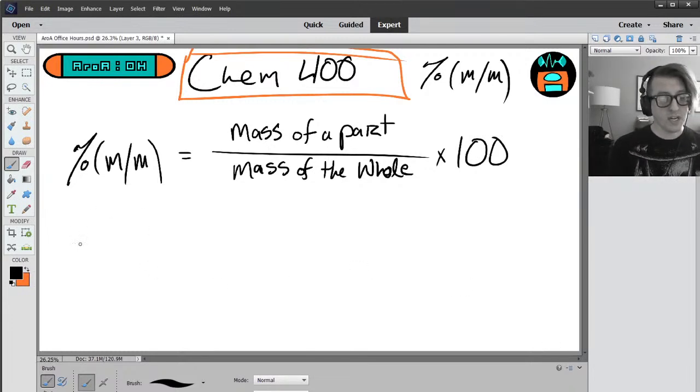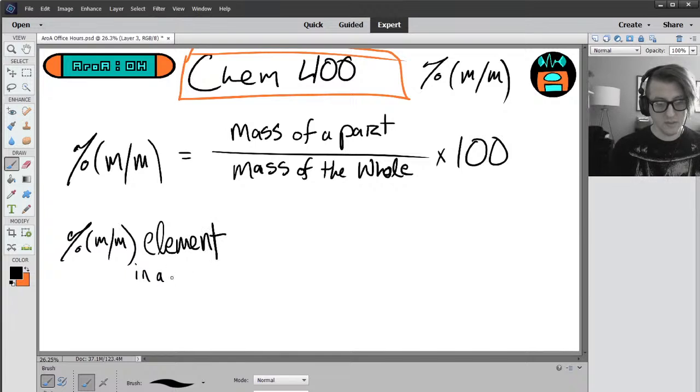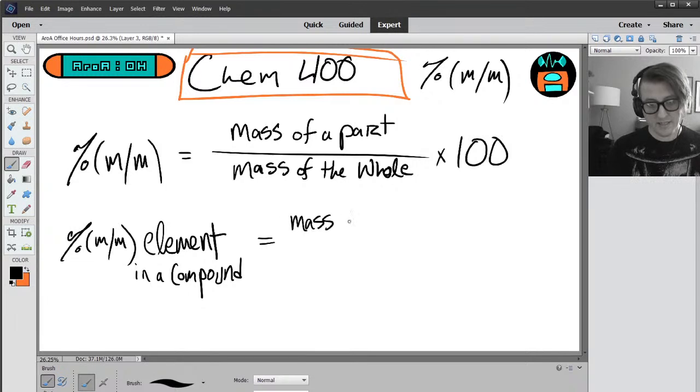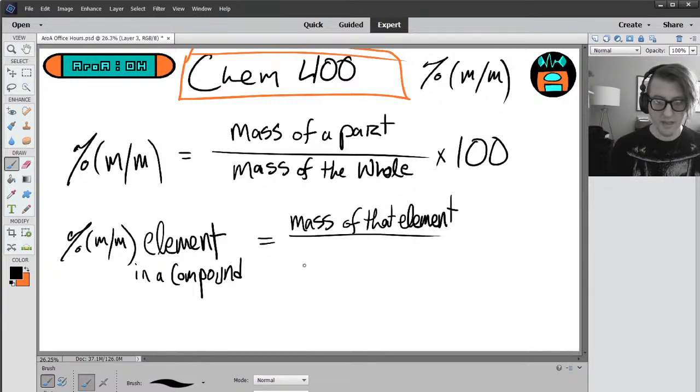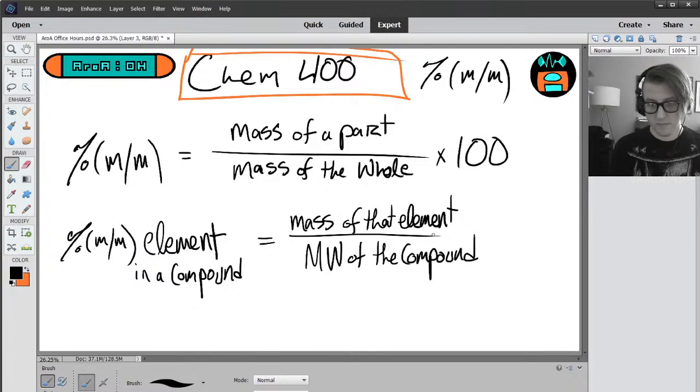Now, if we're talking about the percent mass of an element in a compound, and this is the first instance where it shows up in our Chem 400 lecture, that's going to be equal to the mass of that element divided by the molecular weight of the compound times 100.